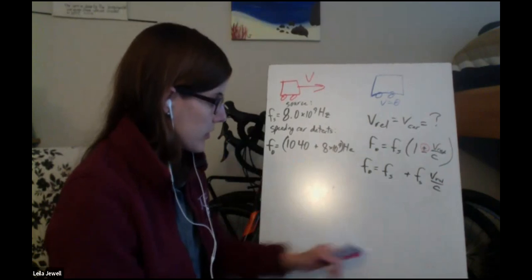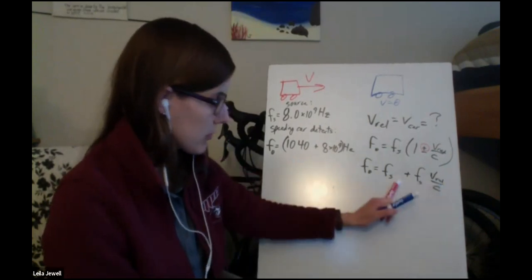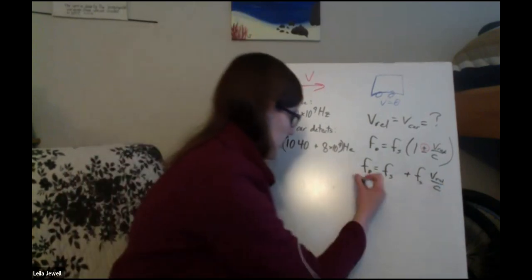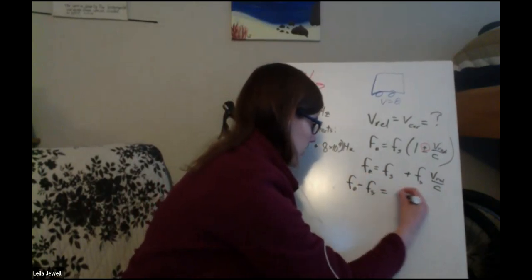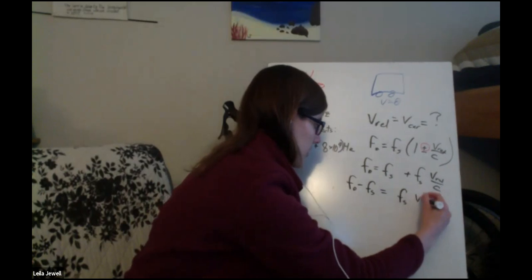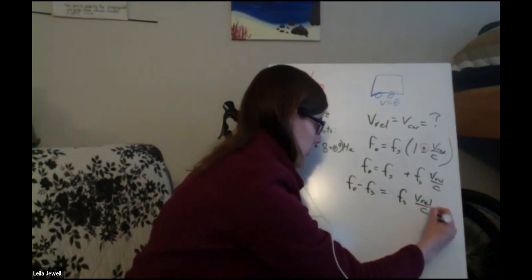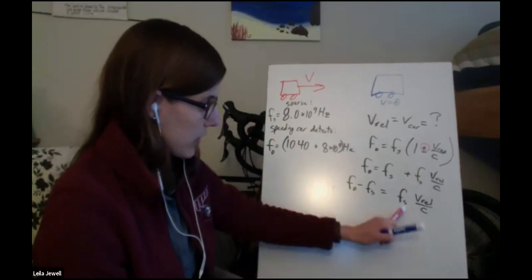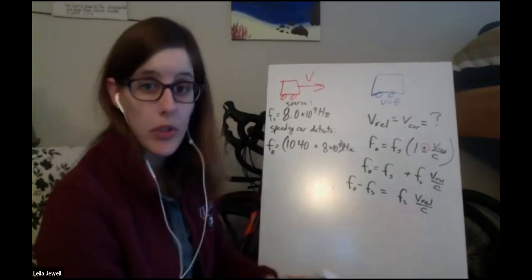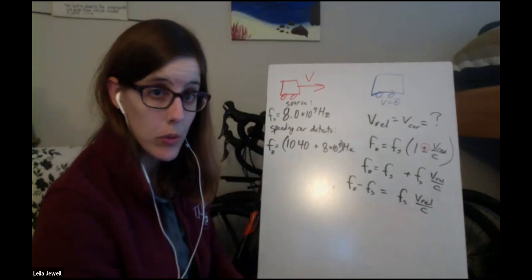Right, so now I want to get v rel by itself, so I'm going to subtract the first fs across. So fo minus fs is equal to fs v rel over c. And now we can just divide both sides by fs and multiply by c, and we are home free.